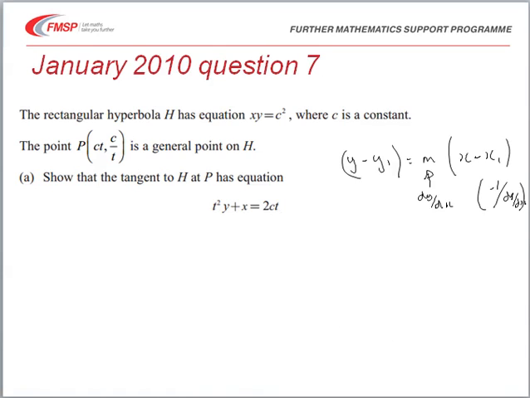Before I go on to the second part of the question, I'd just like to consider this calculation of dy by dx in other ways. The method I've shown is probably what most of you may use.